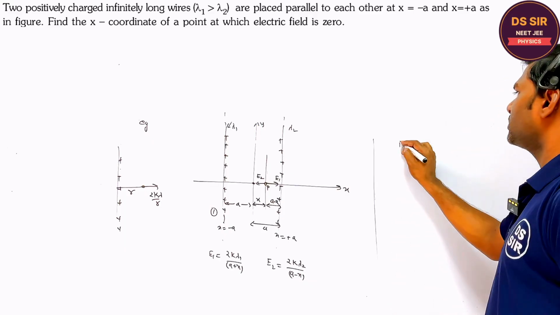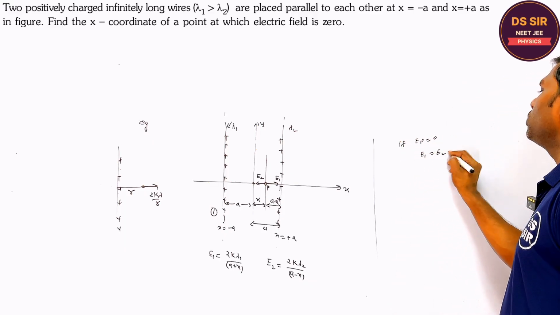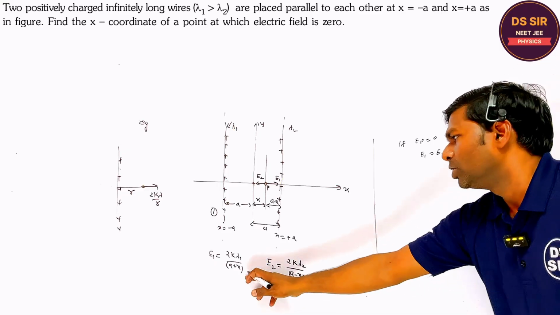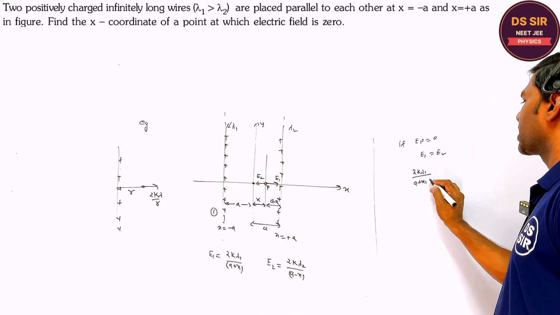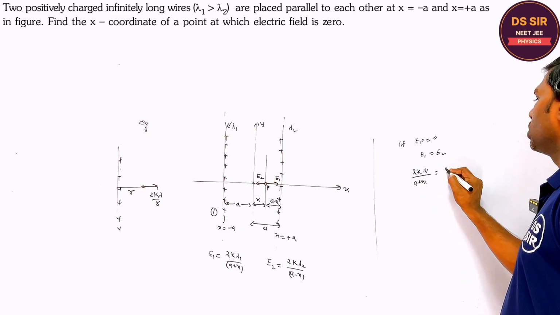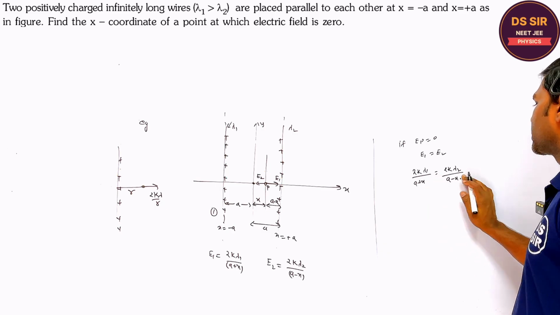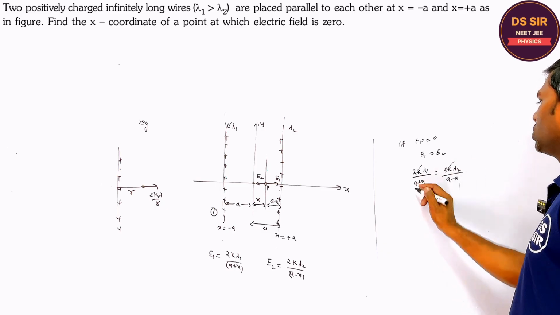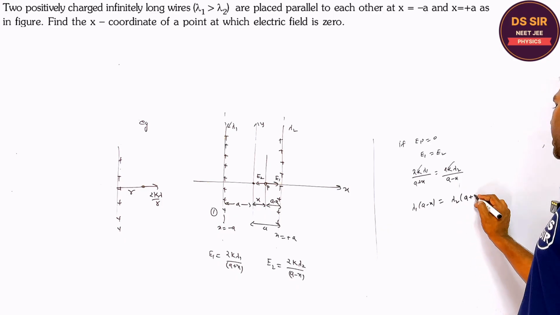The electric field at this point is 0. If the electric field at point P is 0, then E1 and E2 must be equal and opposite in direction. So 2k lambda 1 upon a plus x is equal to 2k lambda 2 upon a minus x. 2k is cancelled out, you simplify this, and we can get the value of x.